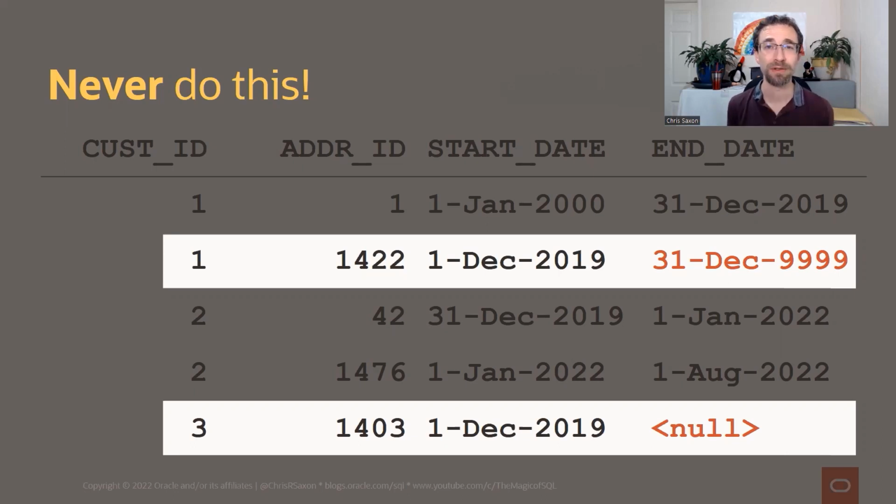But if I was working on a new application where people use 31st of December 1999 as the standard to represent current values, I would stick with that, because otherwise introducing my own pet methods just makes managing that application harder. So certainly never mix within a table, but also aim to stay consistent across the tables in an application. You might mix and match across applications, but within an application, try and stay consistent.